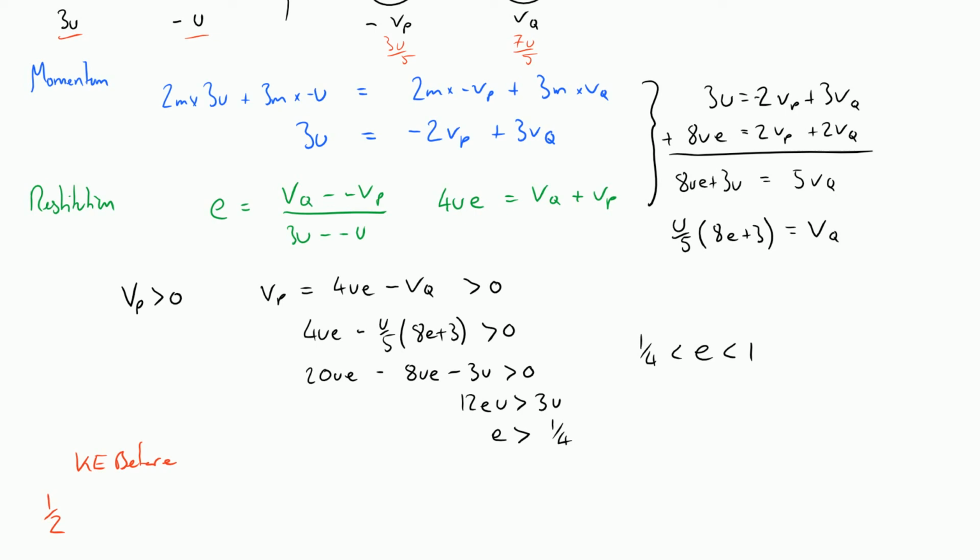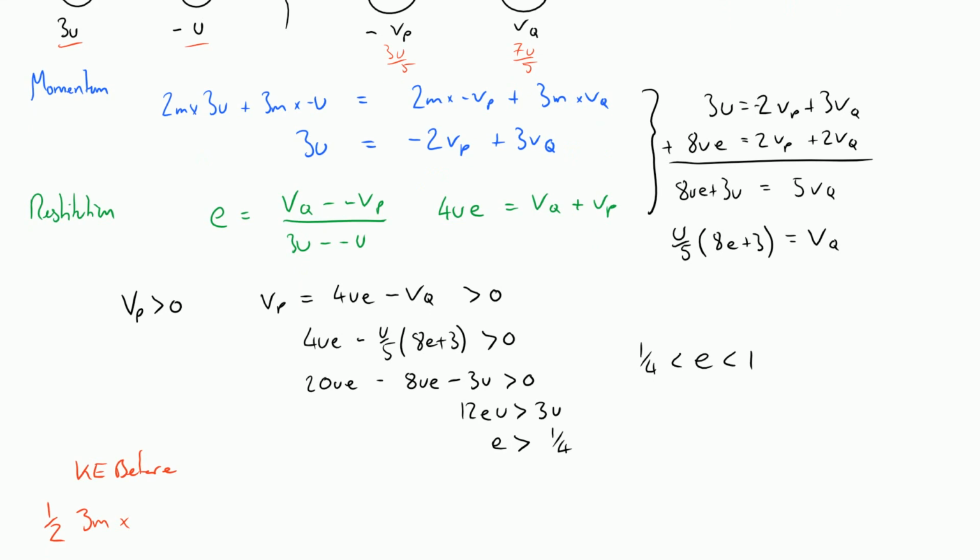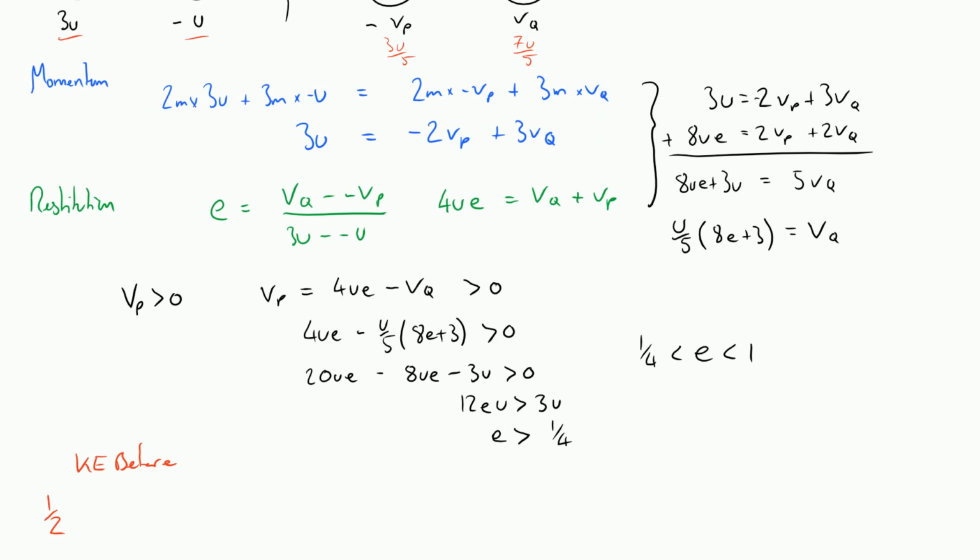Whoops, what's happened here? A half of 2m, lots of 3u squared, plus a half of 3m, lots of minus u squared.